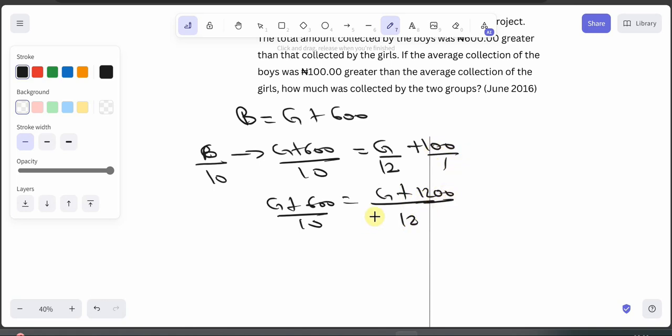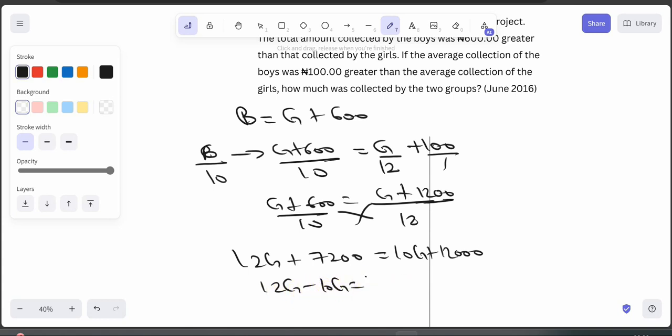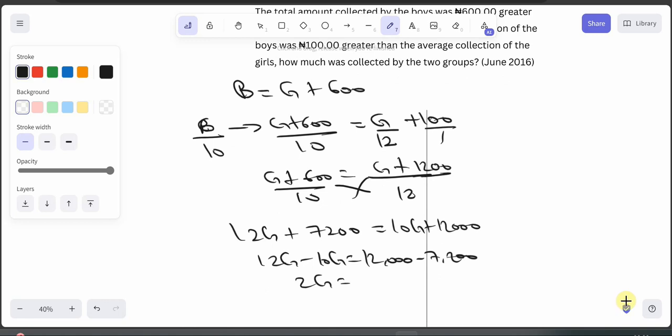If I cross multiply, this gives me 12G plus 7200 is equal to 10G plus 12,000. So 12G minus 10G is equal to 12,000 minus 7,200. So 2G is equal to 4,800, so our G is 2,400.